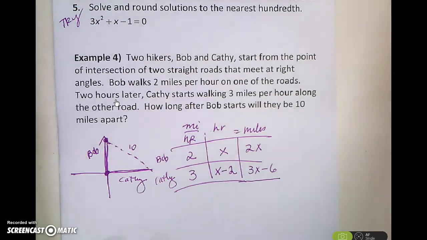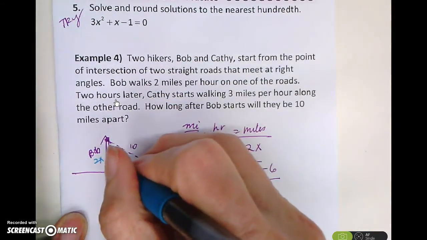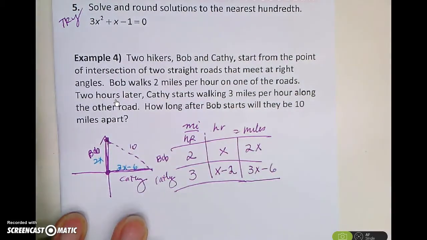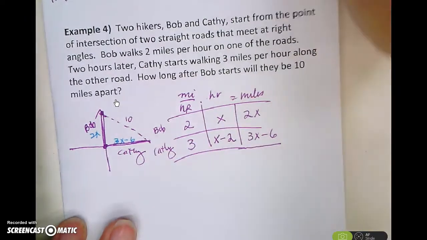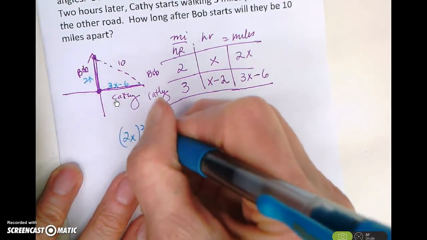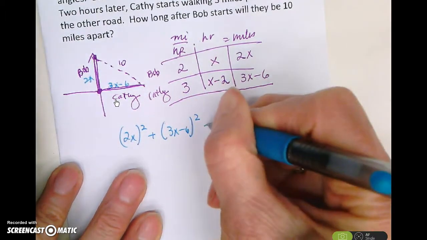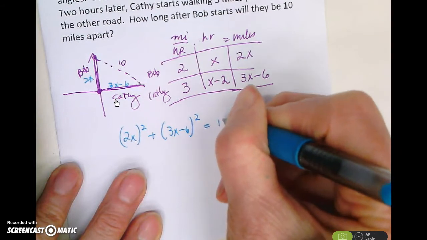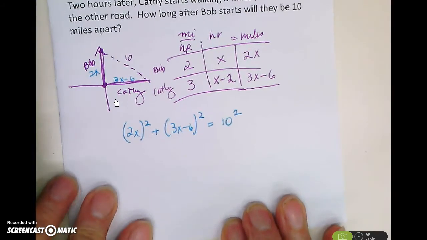So 2x is going to represent Bob's distance, and 3x minus 6 will represent Kathy's distance. So I'm going to use the Pythagorean theorem, and we'll put (2x) squared plus (3x minus 6) squared is equal to 10 squared. So we'll need to multiply those out.